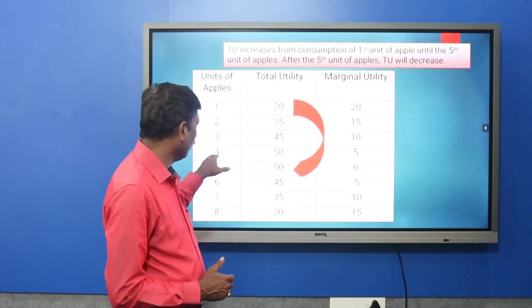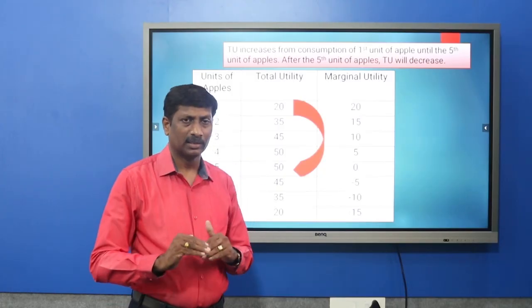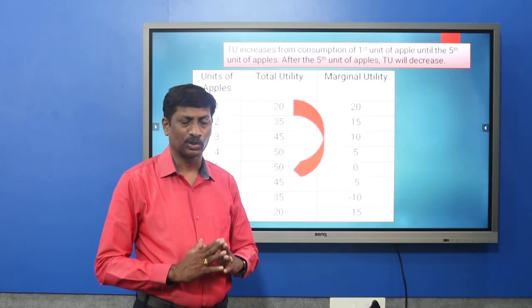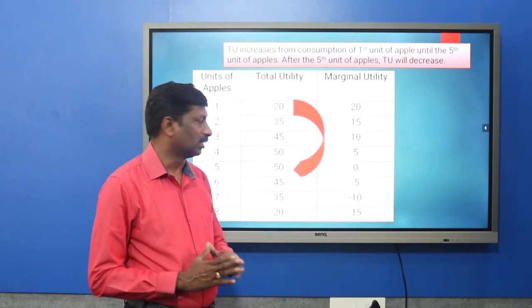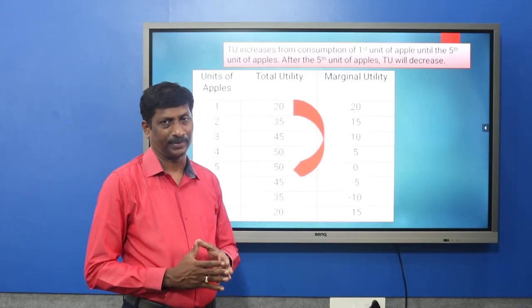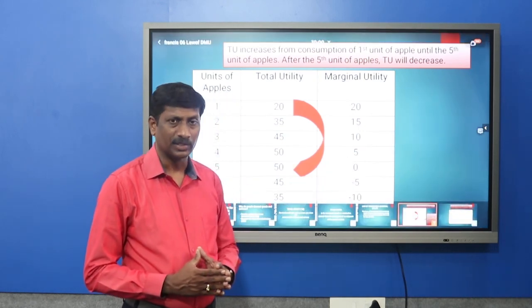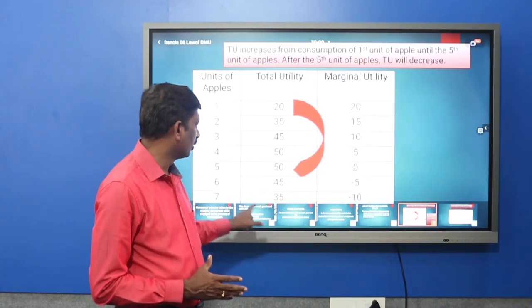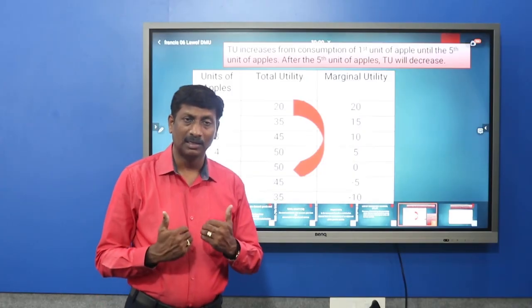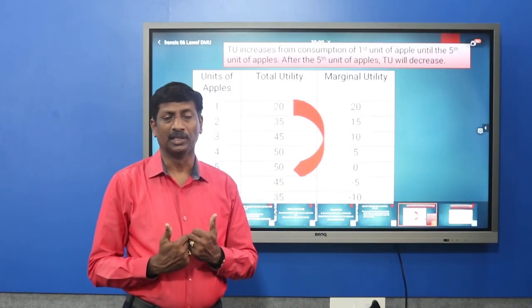So when his consumption moves to 4 units of apple, he is with a possible maximum happiness. If he continues with consumption, that means when he consumes the 5th unit of apple, his happiness from the 5th apple became 0.